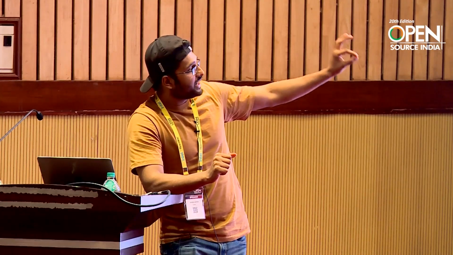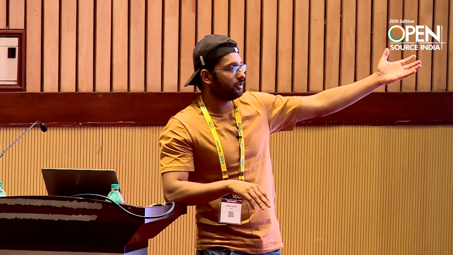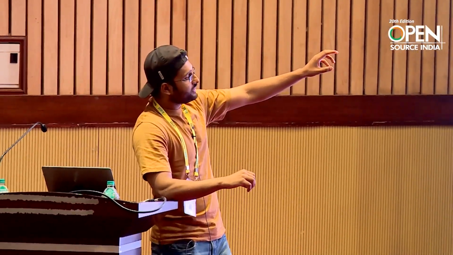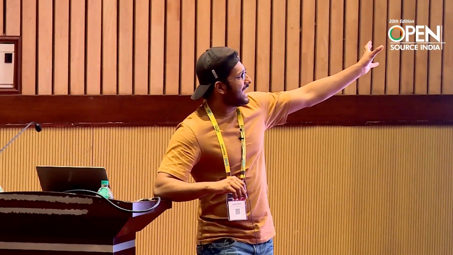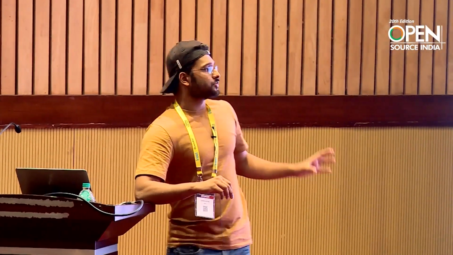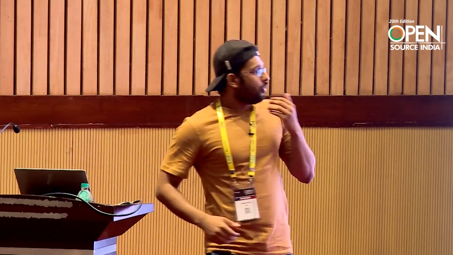Then rollout will create a new replica set. We all understand that a deployment creates a replica set and the replica set actually creates pods. Same here. The rollout will create two different replica sets: one would be the stable replica set, and the other would be the canary replica set. And then you have something called an analysis template. Analysis template is where we calculate the success rate that I was talking about. You want to ensure that the new version's success rate or error rate is above or below a certain threshold.